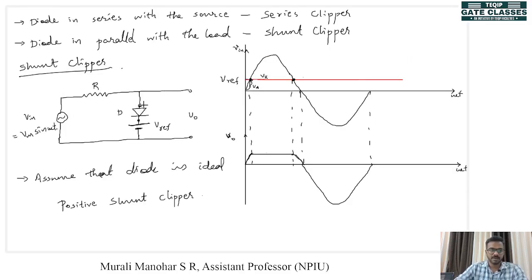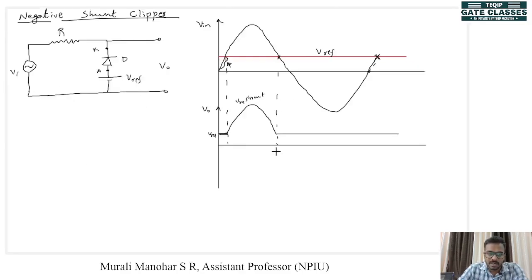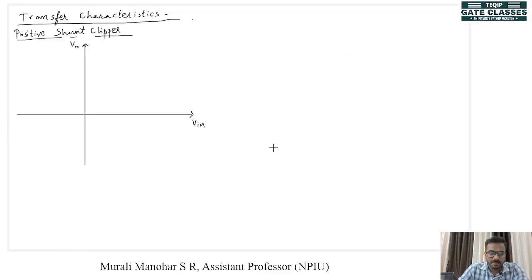Now when we look at the circuit, we can see that up to Vref the input is the same as the output, right? Up to Vref input and output are the same, and when input is equal to Vref, output becomes equal to Vref. So let's say this is our Vref. Again here also we have Vref.